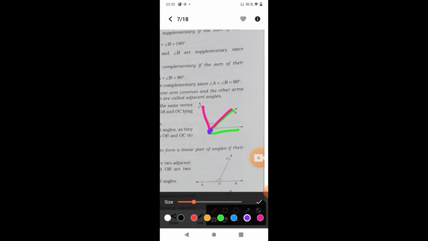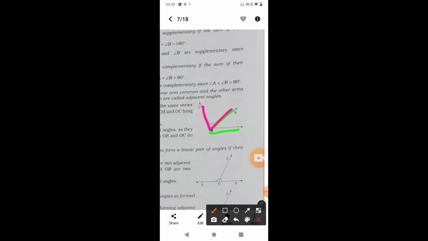This is the common vertex of both the angles, and this OB is the common arm of both the angles, angle AOB and angle BOC. So arm OB is common of both the angles. So we can say that angle AOB and BOC are adjacent angles.